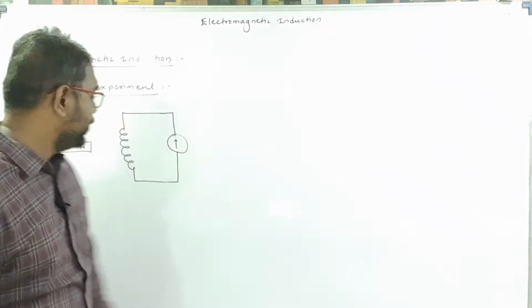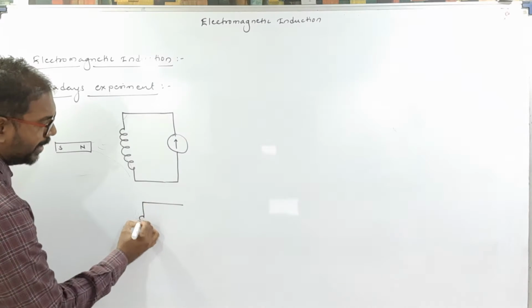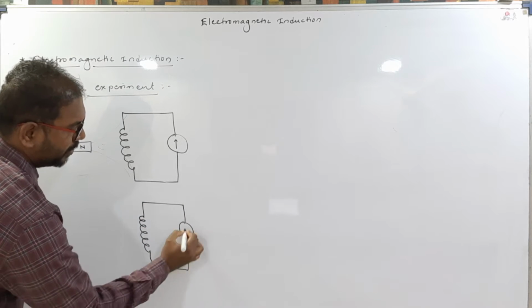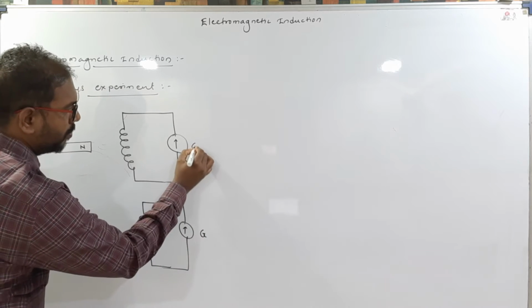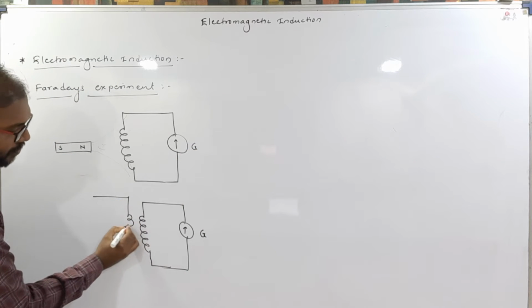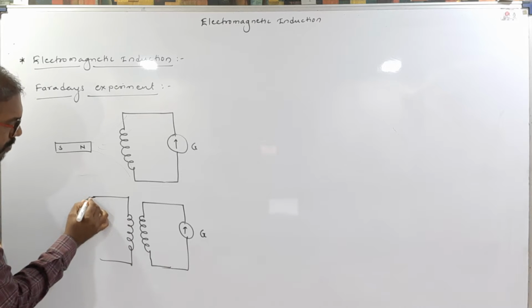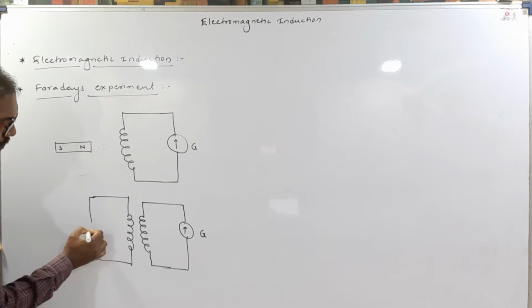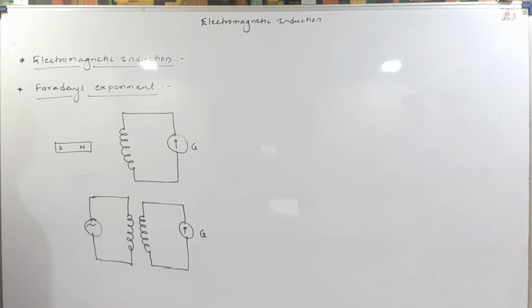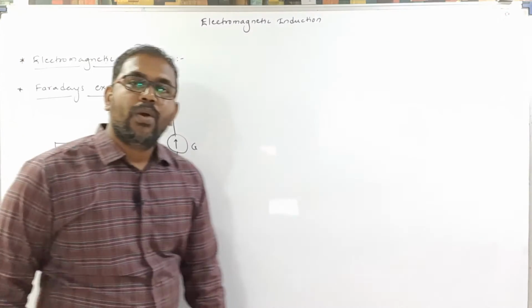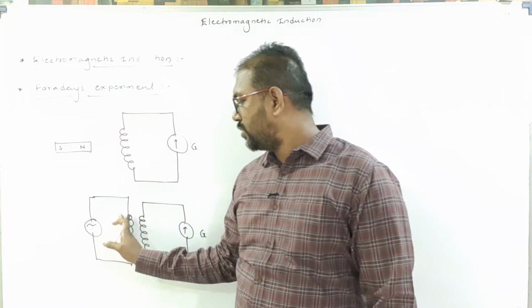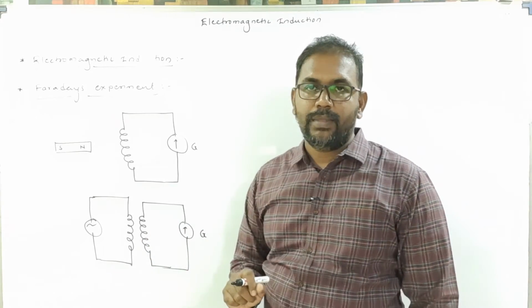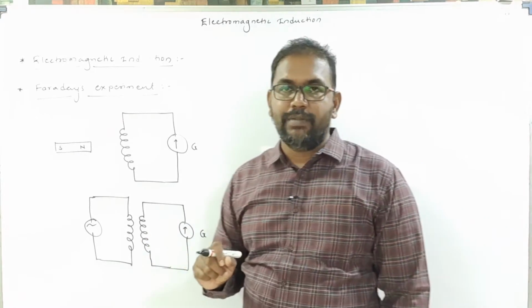A similar thing we can explain with the help of the coil and coil experiment also. This is a coil, again this is a galvanometer, and this is the second coil. Here we can give some current as input. Pay attention: when we send a current through this coil, the magnetic flux linked with the other coil changes, and at that time we observe the deflection in the galvanometer.